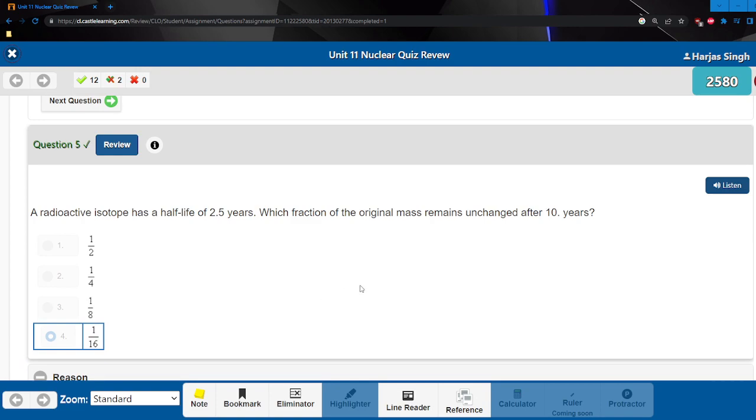And question 5. What I found helped me the most was using fractions. So you want to set up your stuff like this. Before you even start with your half-lives, you start off with 1. Divide that by 2, that brings you 1/2, 1/4, 1/8, and so on, 1/16, 1/32.